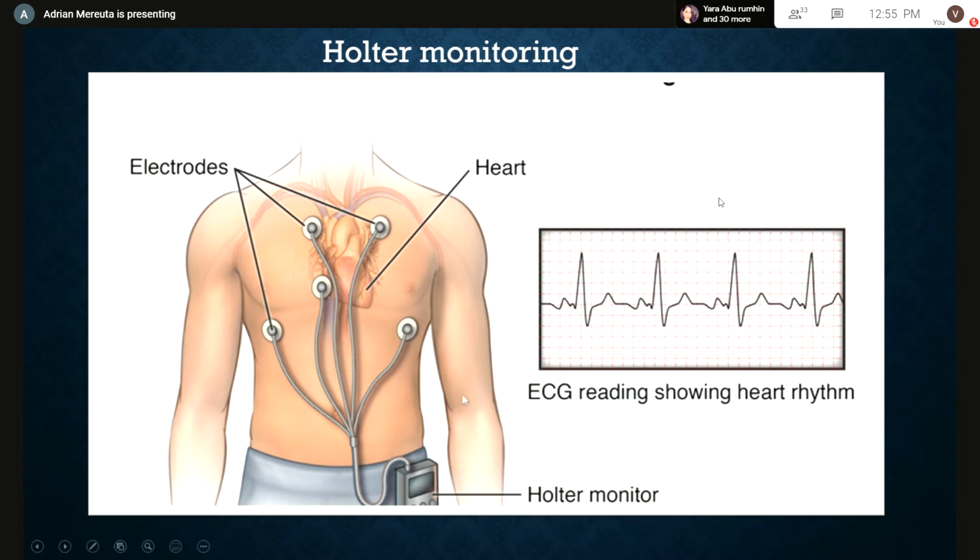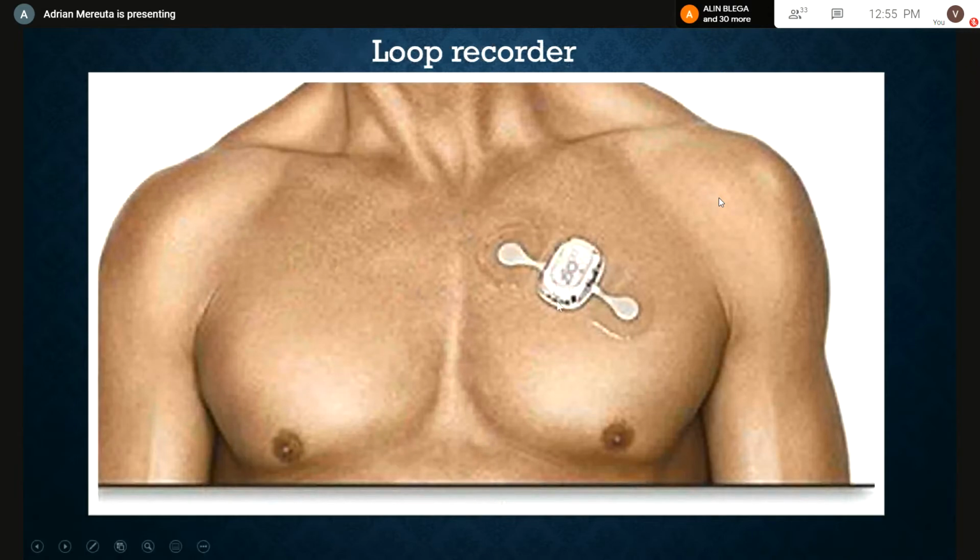If you can cover 1 to 3 days, you have the chance to capture something transient, and it's useful. This is some kind of loop recorder applied on the skin, but this is less frequent. Usually it's implanted under the skin.